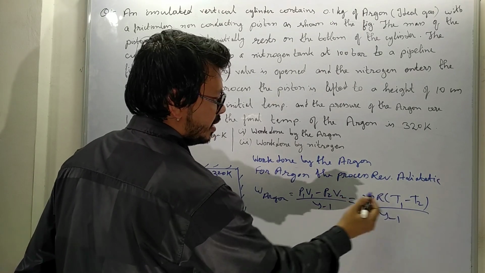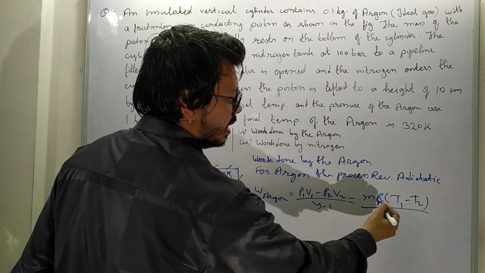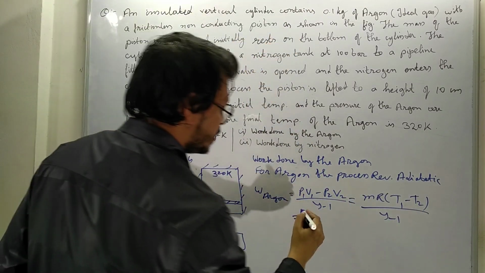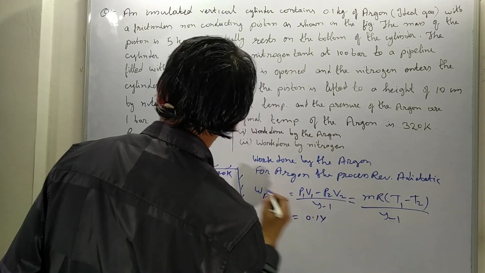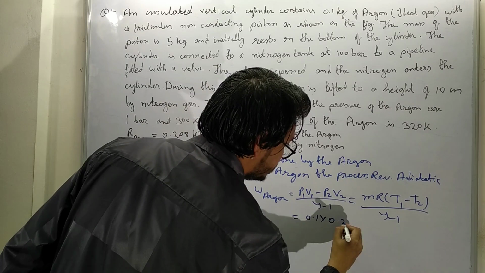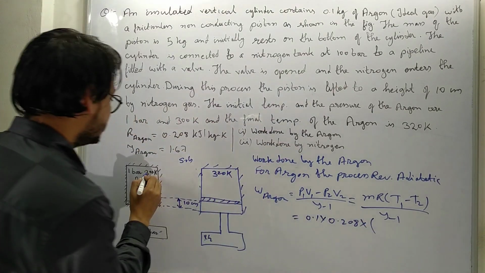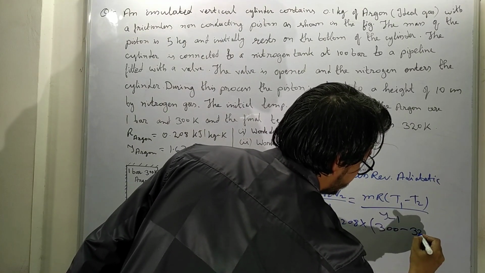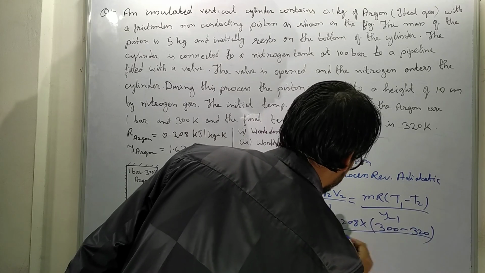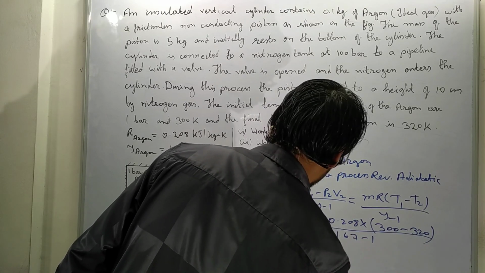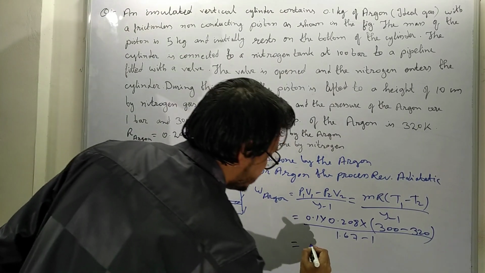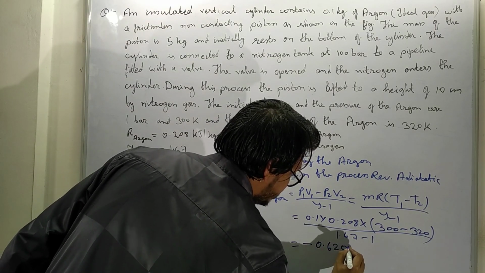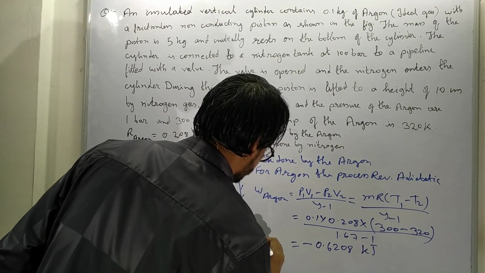We have placed mRT and taken mR out, so we get mR into (T1 minus T2). We know the mass is 0.1 kg, so 0.1 into R, which is given as 0.208, and T1 is 300 Kelvin, T2 is 320 Kelvin, divided by gamma 1.67 minus 1. On solving we get the value as minus 0.6208 kilojoule.